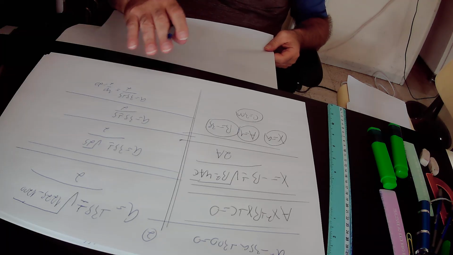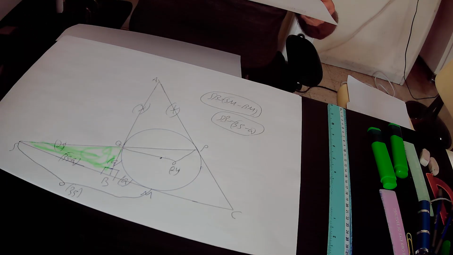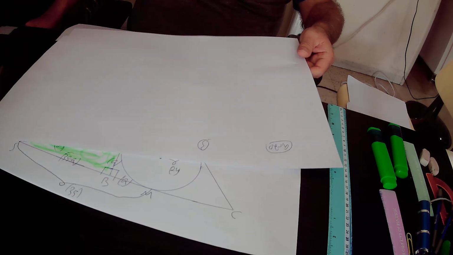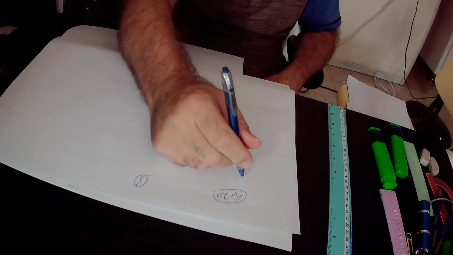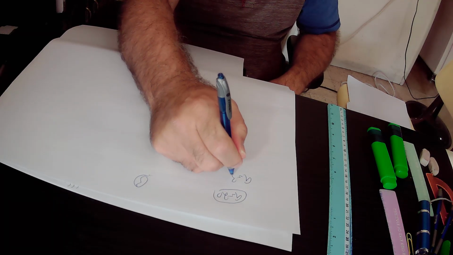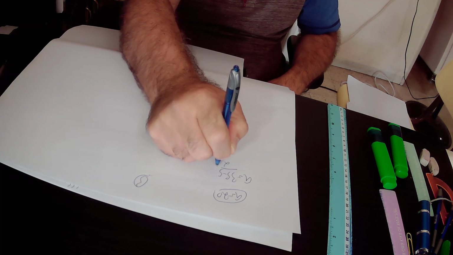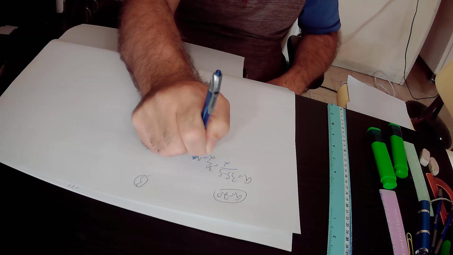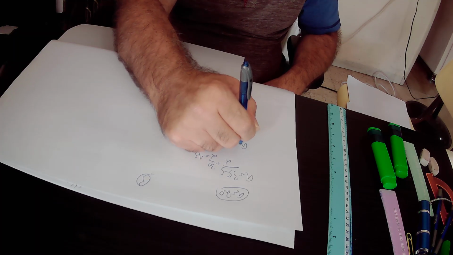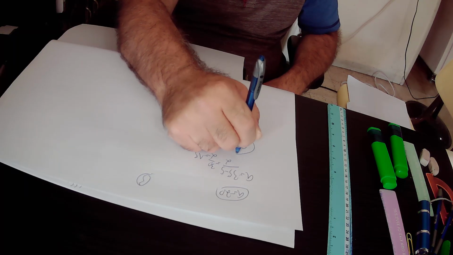And the second solution for a is that a equals 35 minus 5 over 2. 35 minus 5 is 30, and 30 over 2 is 15. So the second solution for a is 15 and the first solution for a is 20.